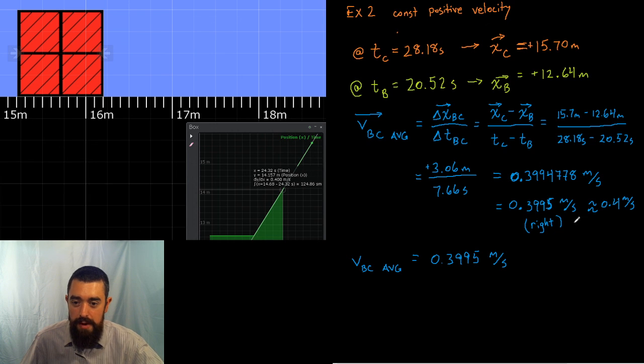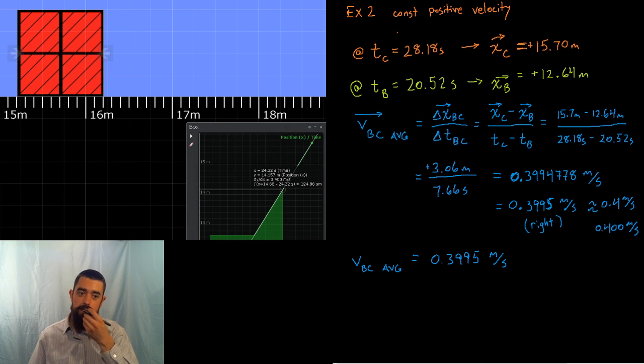If the 5 were to round that 9 up, then this would be 0.400 meters per second if I was using 3 decimals. Because AlgoDo, the simulation program that I'm using here, uses 3 decimals for its velocities and for its positions, it went to 0.400 instead of 0.3995. So that makes a lot of sense. It's so very close, right? Close enough that we would call it the same.